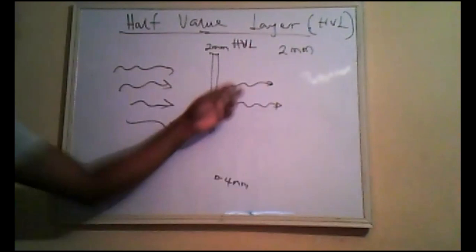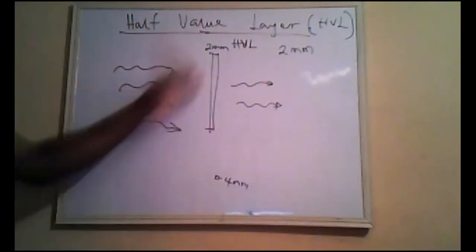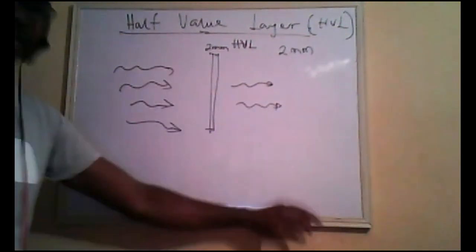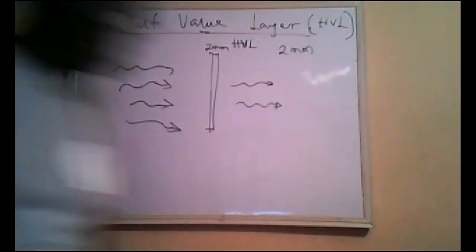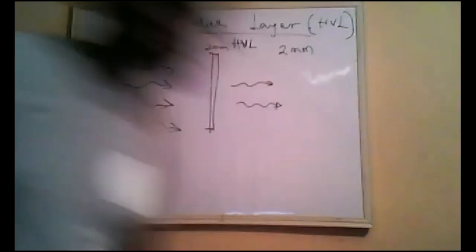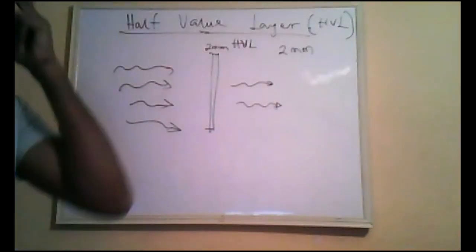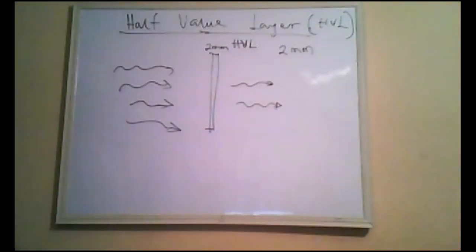I'm just comparing different materials. But HVL is essentially the thickness of the material that will reduce the number of photons, gamma ray or X-ray, by 1/2.